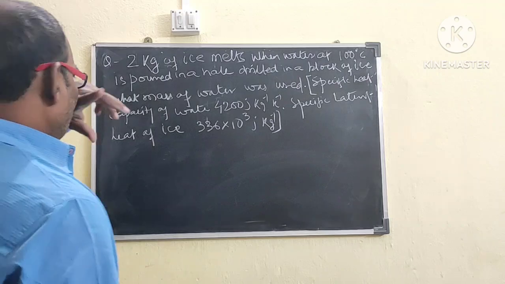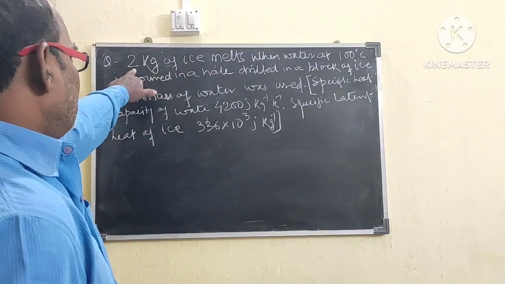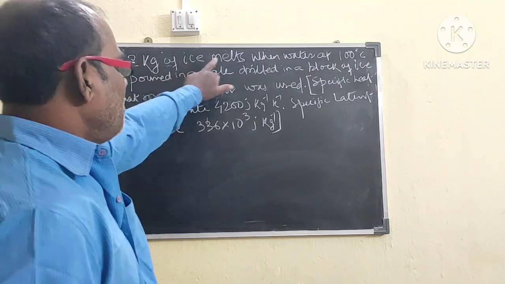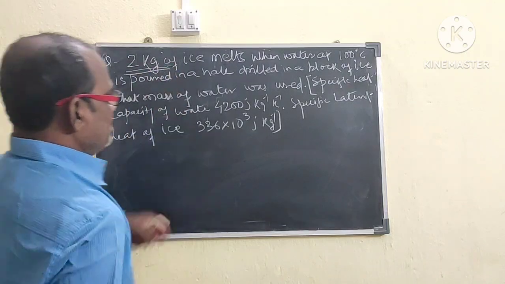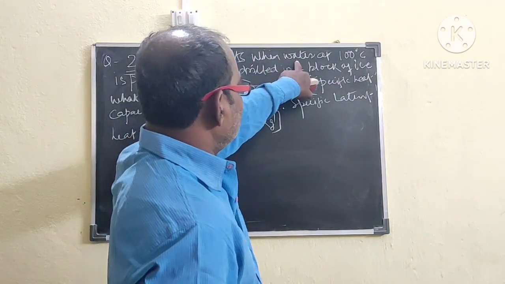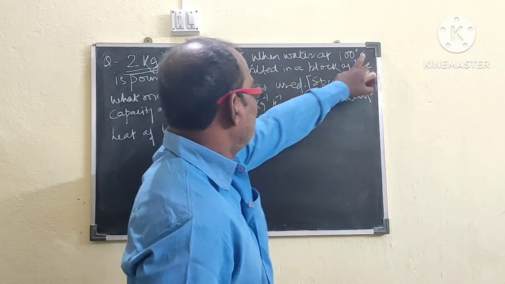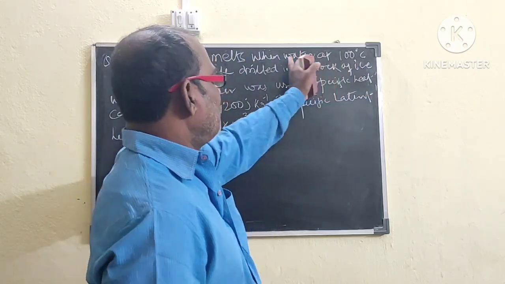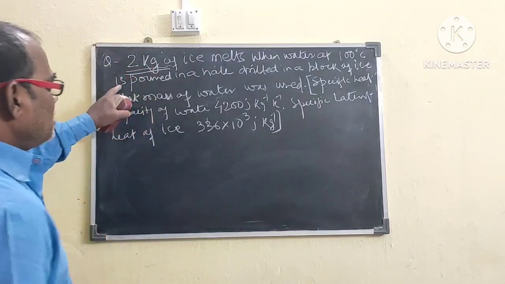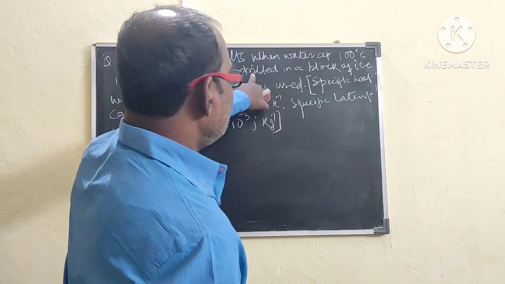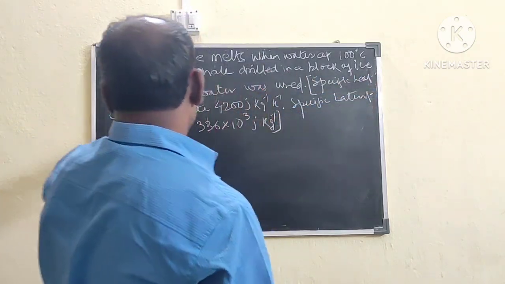Look over here. In the question, it is given that 2 kg of ice melts. So I am underlining here 2 kg of ice. When water at 100 degrees Celsius, we don't know what is the mass of the water, but the temperature of water we know that it is 100 degrees Celsius, is poured in a hole drilled in a block of ice.